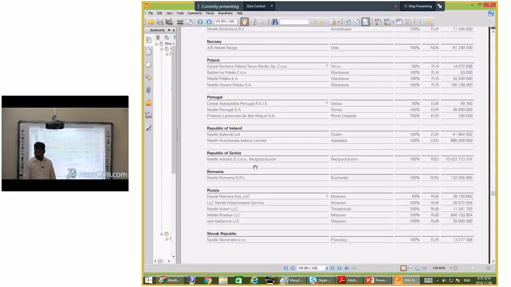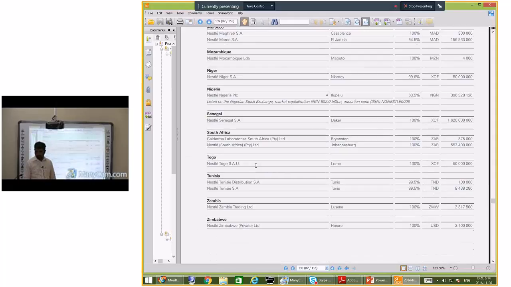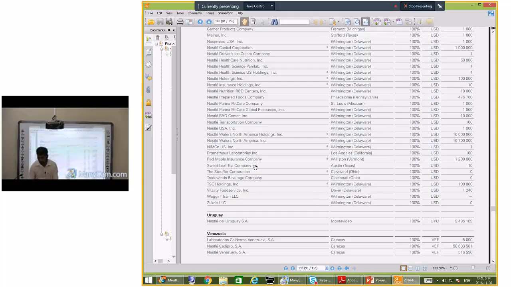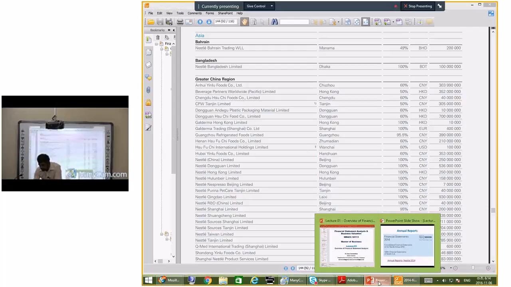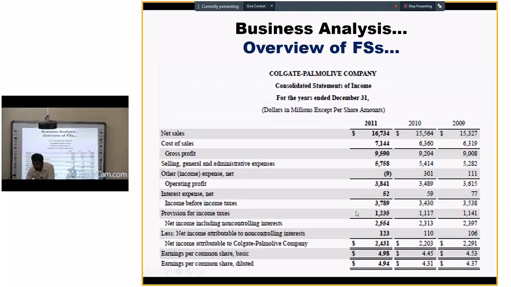Actually, this is not an attractive financial statement or annual report. But if you go back here, you can see additional information from different organizations. Here this is 2011, and 10, 9, 10 and 11.